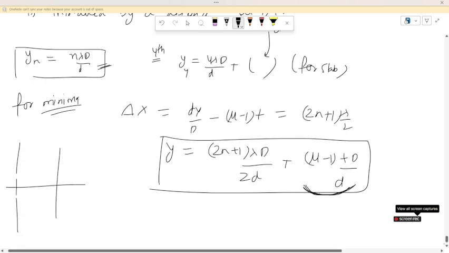This is the central maxima, n equal to 0, at (mu minus 1) t D by d. Then if we move lambda D by d up, we will get the first maxima. Then we move again lambda D by d, we will get the second maxima.